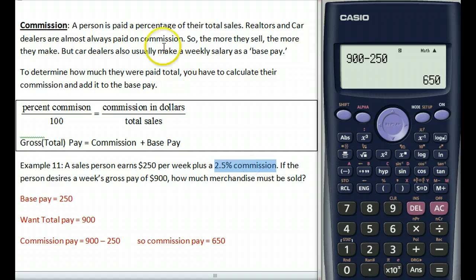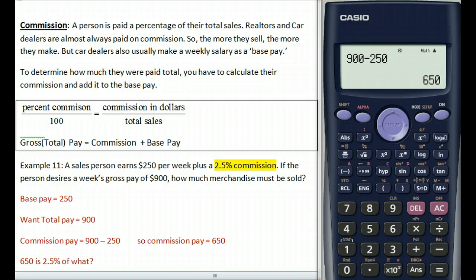My percent commission is 2.5%. So now I say, what's the part? What's the whole? So the commission pay is 2.5% of what? So 650 is 2.5% of what?